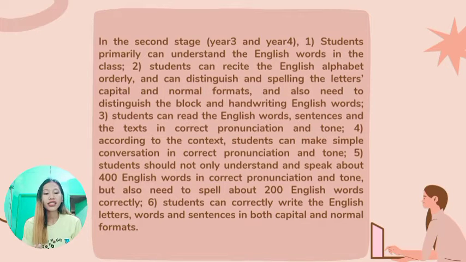Students can read English words, sentences, and texts in correct pronunciation and tone. According to the context, students can make simple conversation in correct pronunciation and tone.